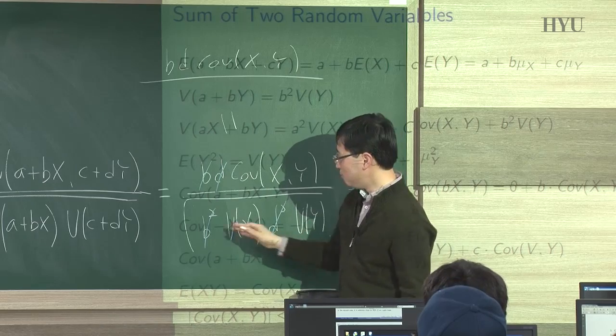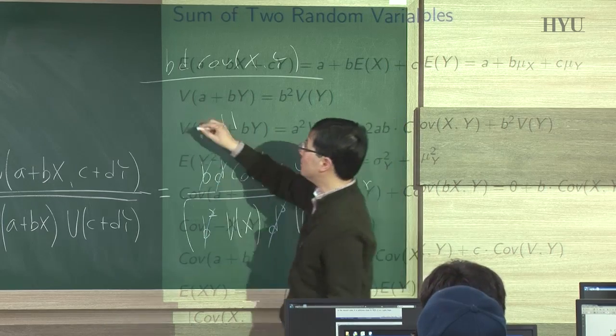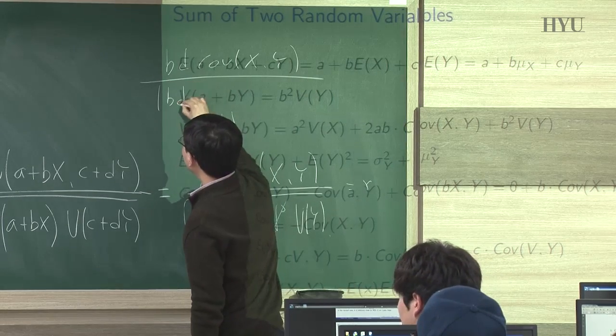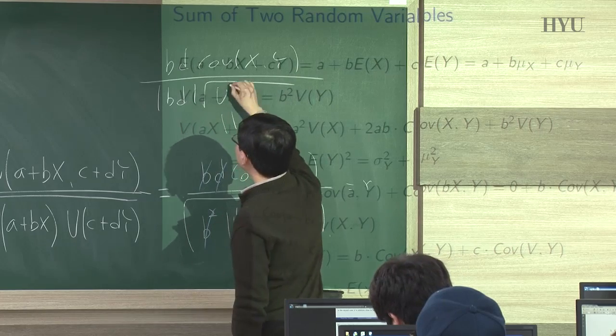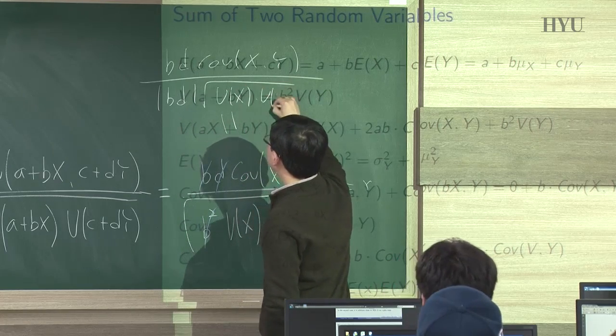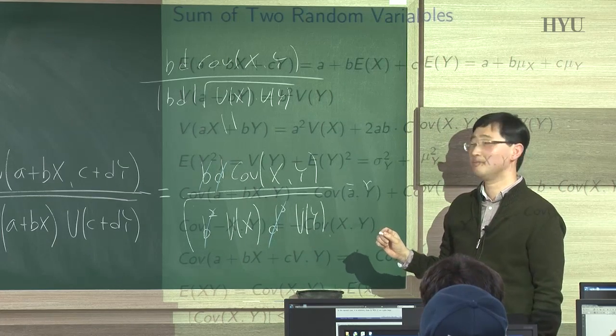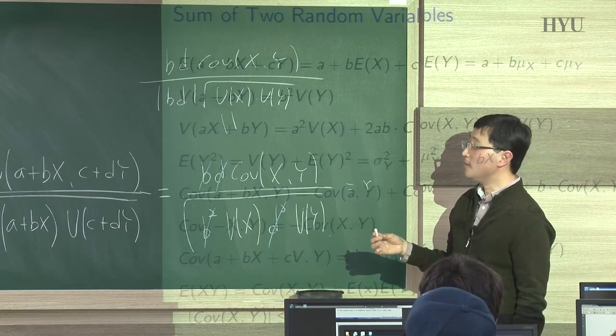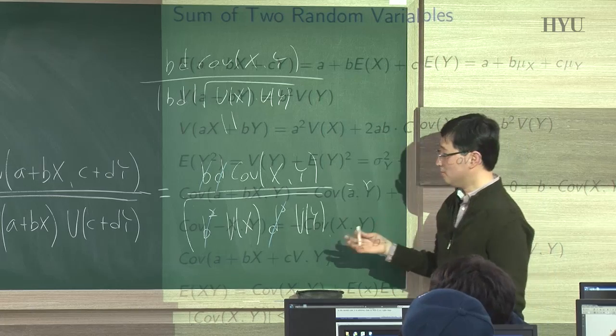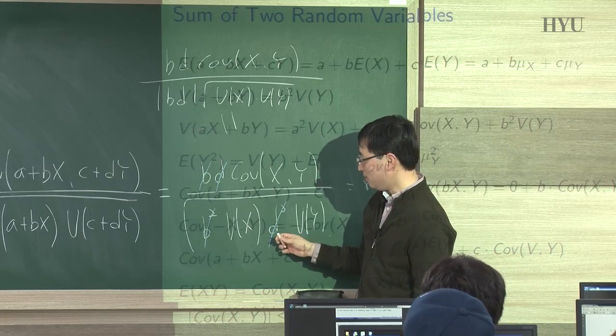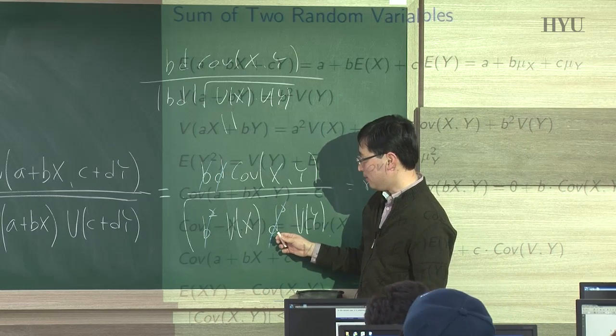when you take this B and D out of the square root, you should have the absolute value. Right? If D is minus 2, not 2, and if you square it, it's 4.